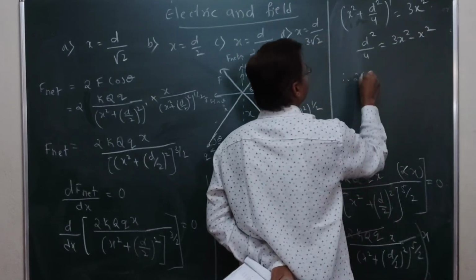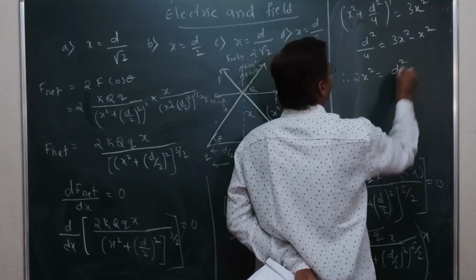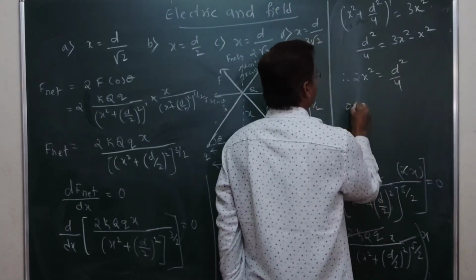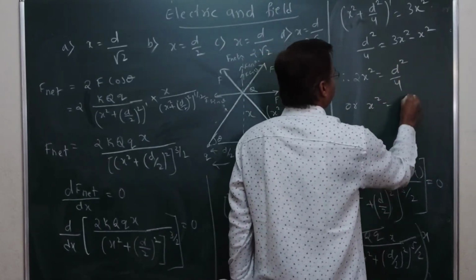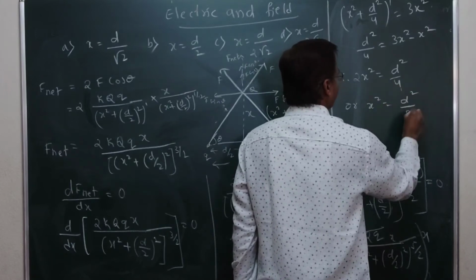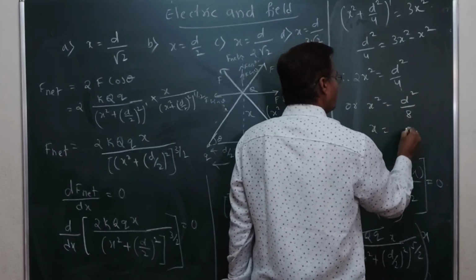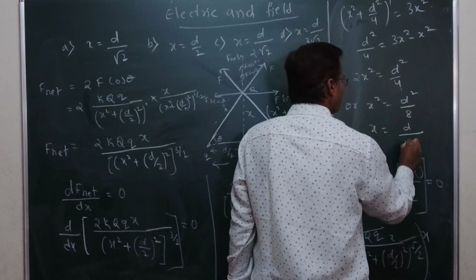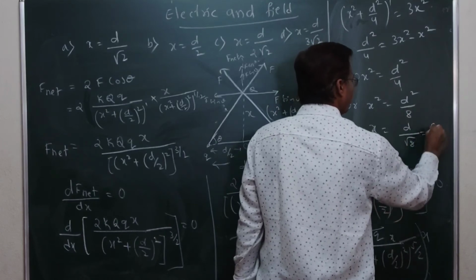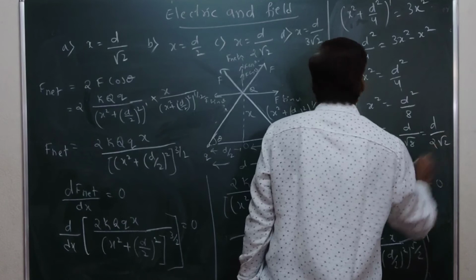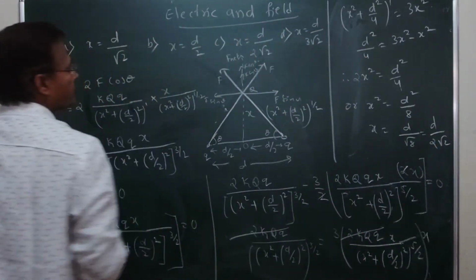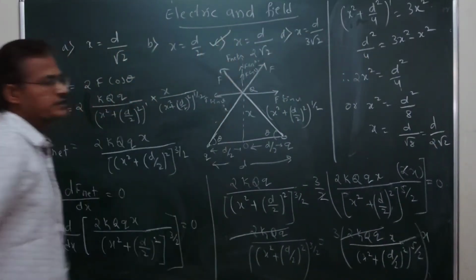Therefore 2x square equals d square by 4, or x square equals d square by 8. Taking the square root, x equals d by 2 root 2. So the answer is option C.